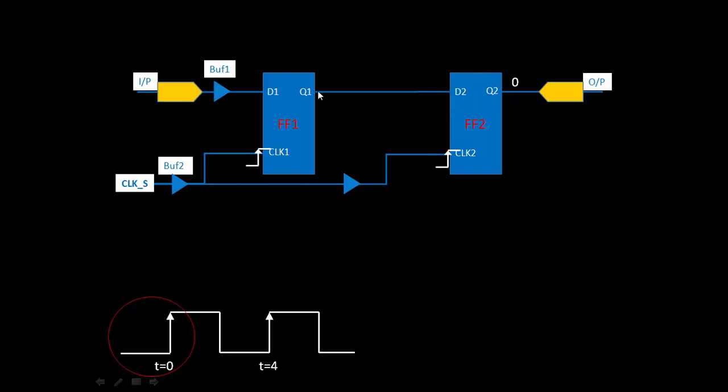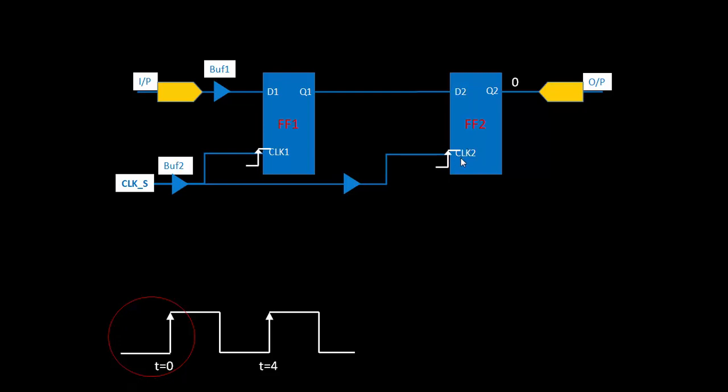But what happened, because this delay is very small, is that our 0 is transferred from D1 to Q1, and from Q1 to D2 in a very short time, even before this positive edge reaches here.